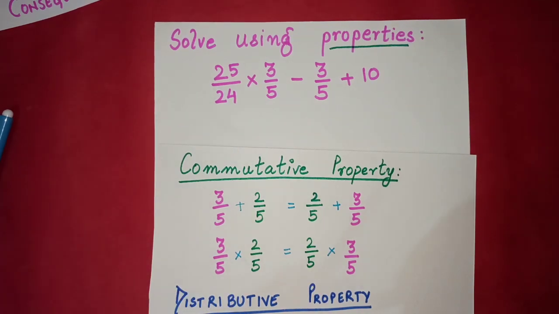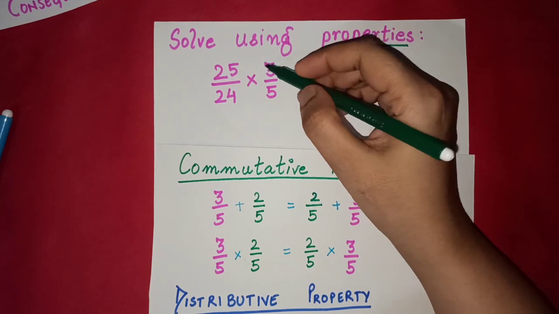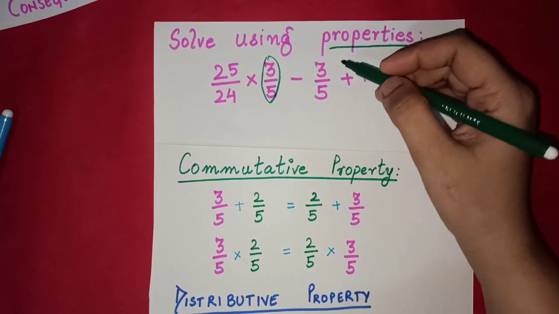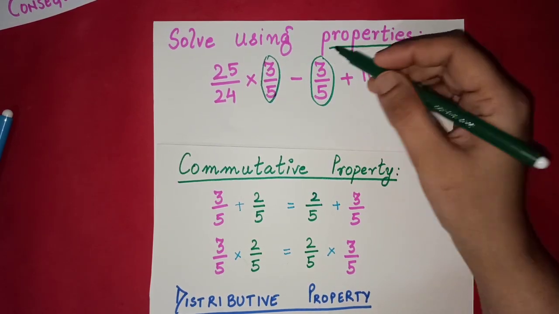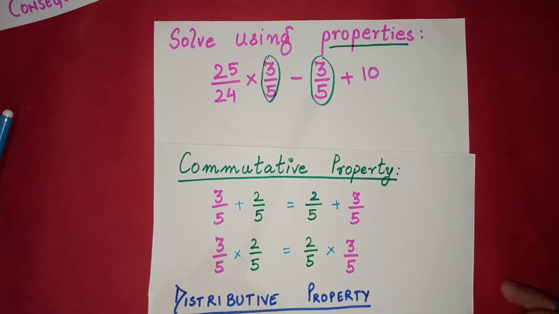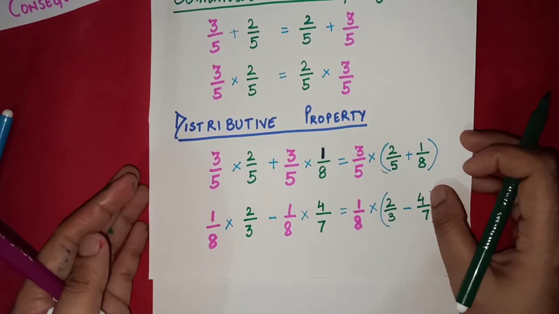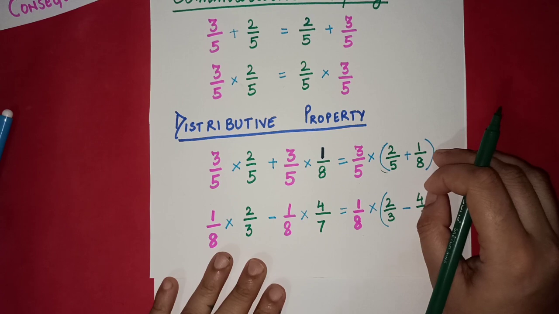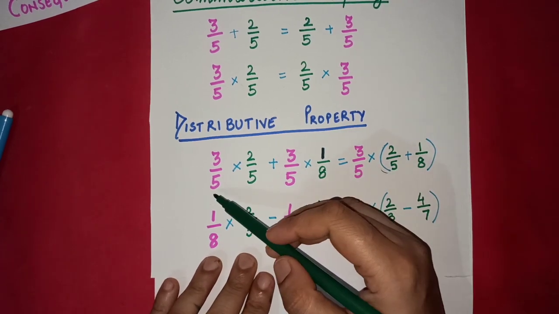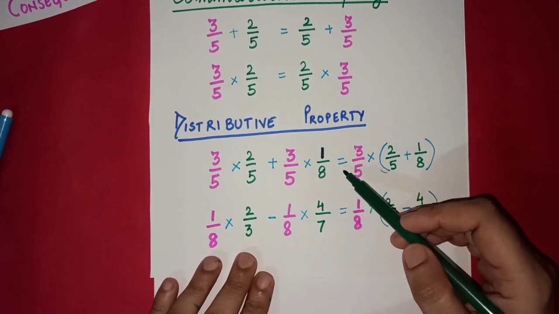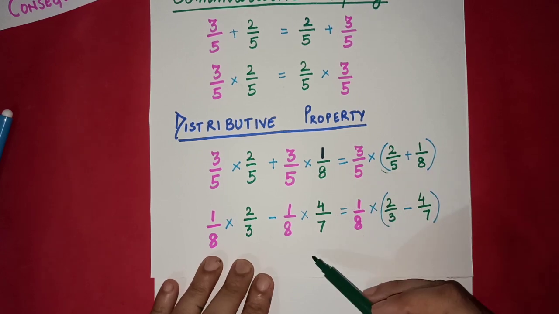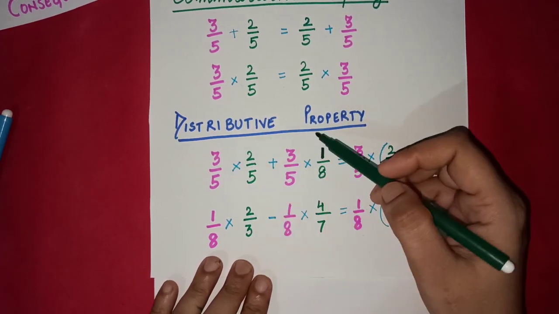So we can see it's 3 by 5. 3 by 5 is getting repeated. So in any case can we apply the distributive property? In the distributive property we have two expressions which are being added or subtracted and the first term is the same.